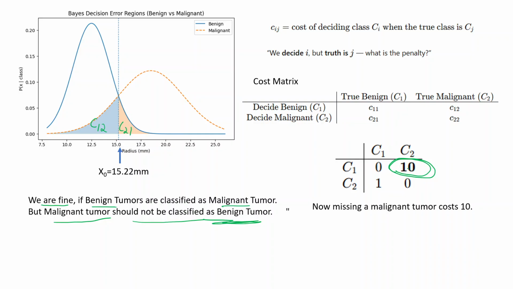Therefore, we have assigned it as 10. There is no hard rule why it is 10. It can be 2, 3 or 4, but greater than the other one. The penalty for C21 may be lesser, so we can consider it as 1. Missing a malignant tumor costs 10, because that we should not do, and for C21, 1 is okay. I am trying to make you understand why the penalty for C12 should be greater than the penalty for C21.